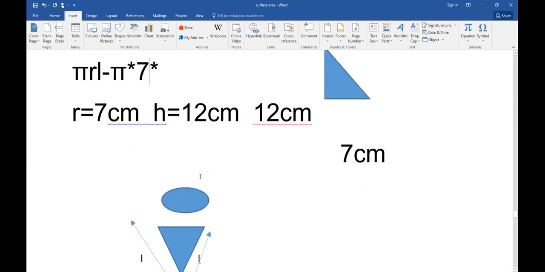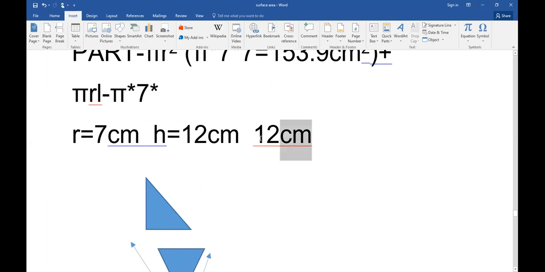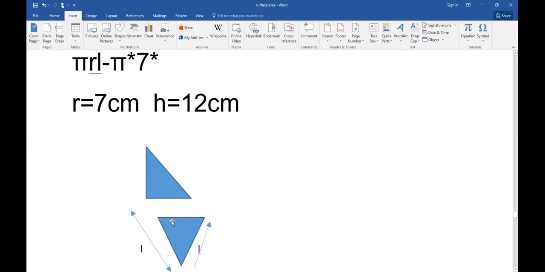But remember, I told you, let me bring it here so that you can see it. We said the height was 12, and the radius was 7. Delete all these ones, they are not important for now.